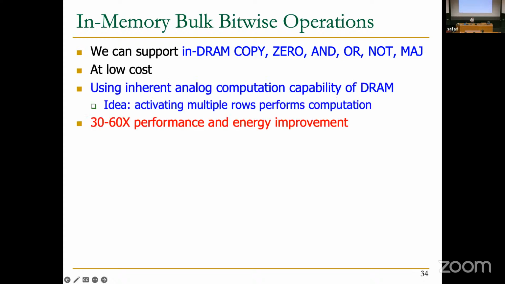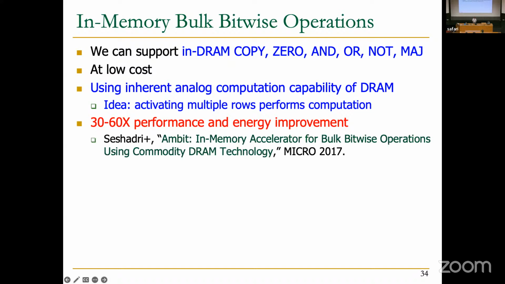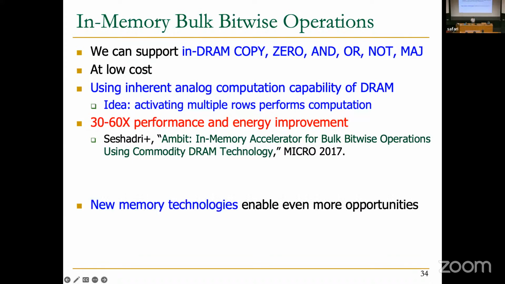The key idea here is quite similar to what we did for RowClone, but instead of activating 2 DRAM rows at the same time, we are going to activate 3 DRAM rows at the same time. This enables quite large performance and energy improvements compared to doing these bitwise operations inside the processor itself.